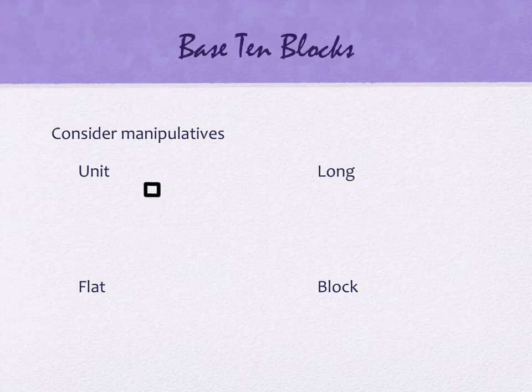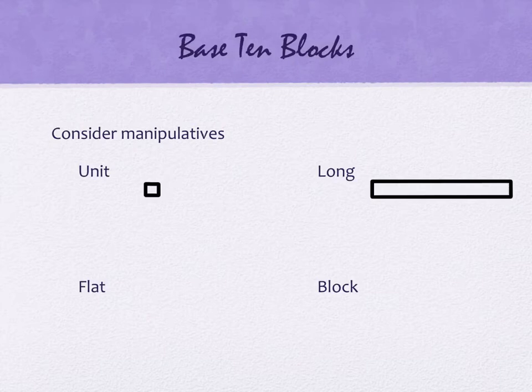Money is another way you see that used. So a unit block is just one small little square, okay? A long is really, in our place value system, 10 of those tucked together. So imagine they were like Legos, and you attached 10 Legos end to end, it would make one long Lego stick, right?